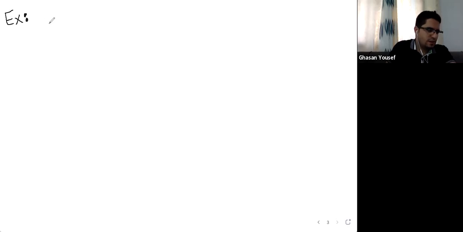The example is: find the sum of 2 over x plus 6 and 1 over x squared minus 36.